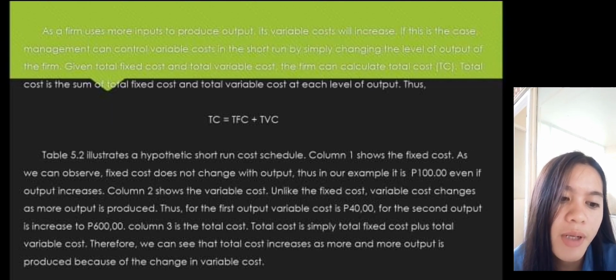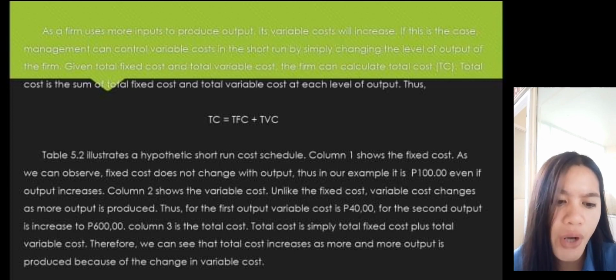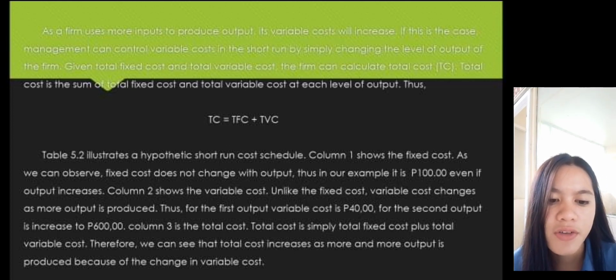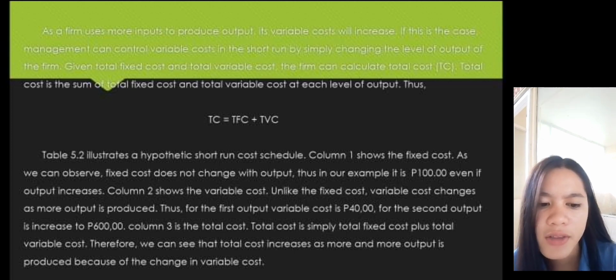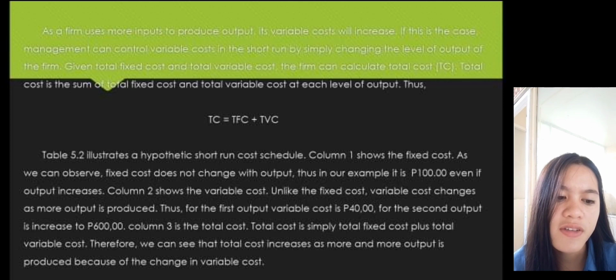So if a firm uses more inputs to produce output, its variable cost will increase. If this is the case, management can control variable cost in the short run by simply changing the level of output of the firm. So given total fixed cost and total variable cost, the firm can calculate total cost or TC.